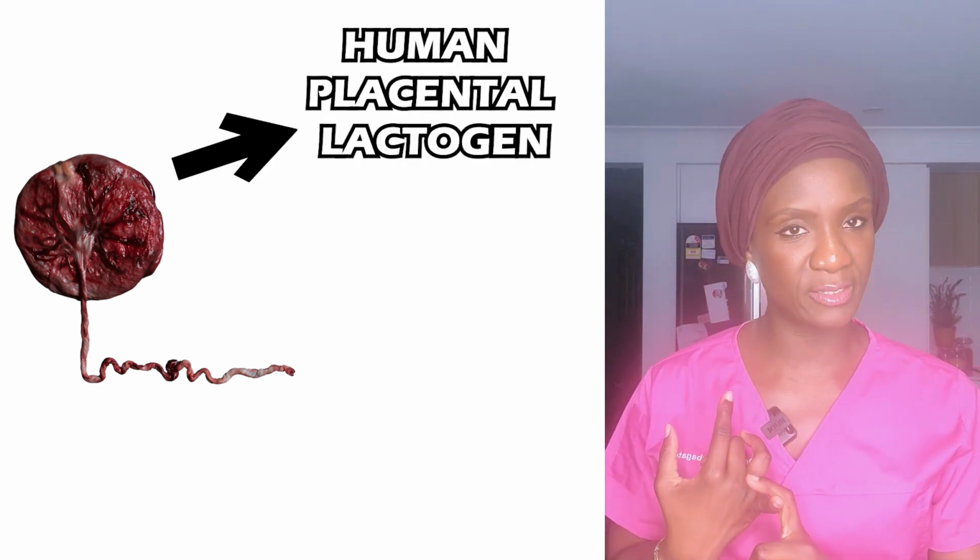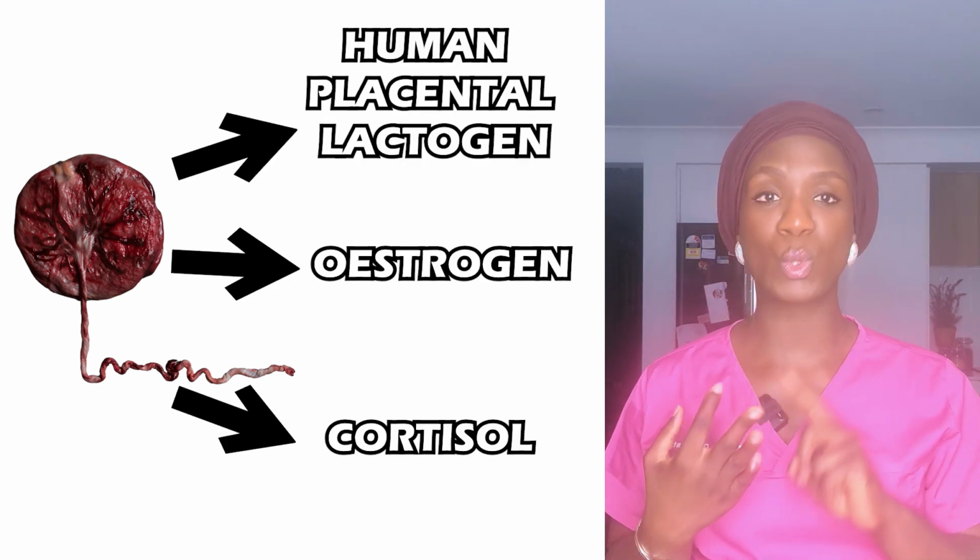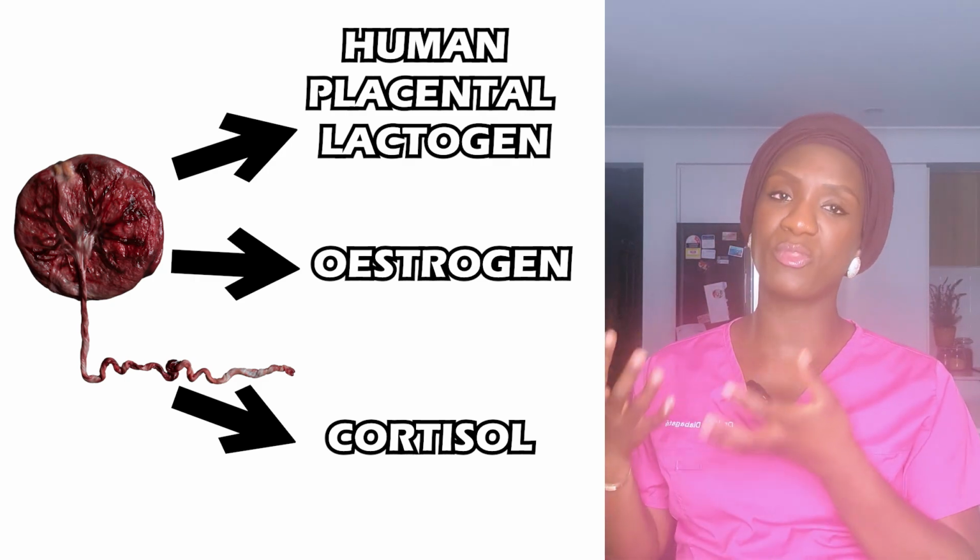The reason is because during pregnancy, the placenta produces hormones like human placental lactogen, estrogen, and cortisol, all of which support the baby's development. But these hormones also increase insulin resistance in the mother's body.